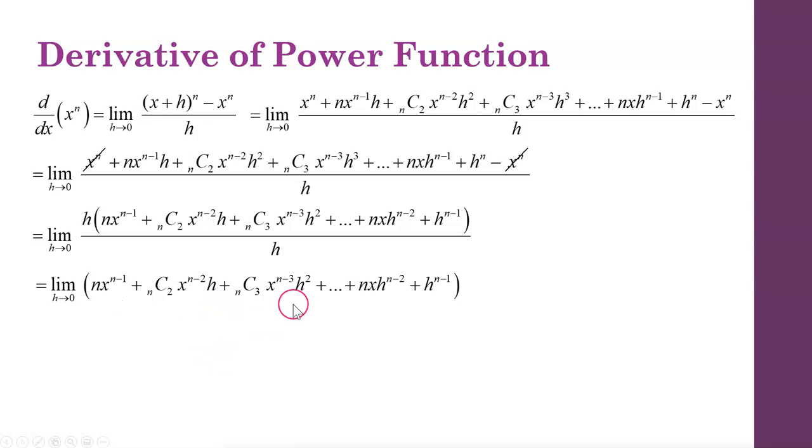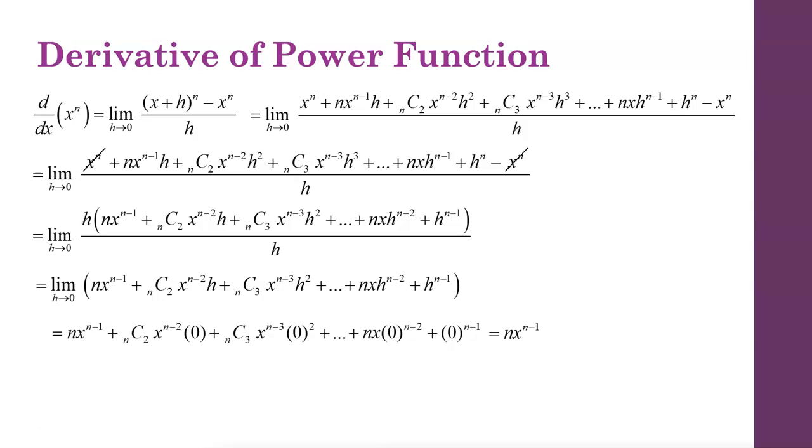All the other terms have an h. So as h goes to 0, these terms all have 0 to a power, and the first one doesn't. So what we're left with at the end is just the term nx to the n minus 1.